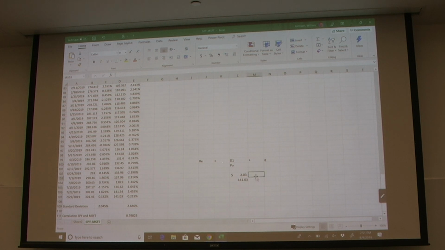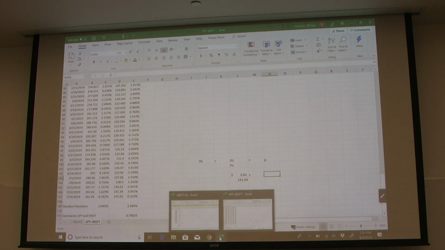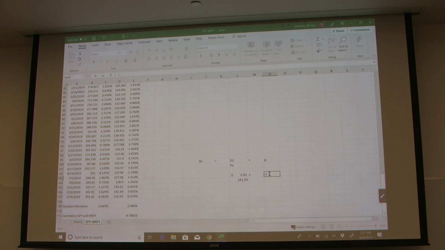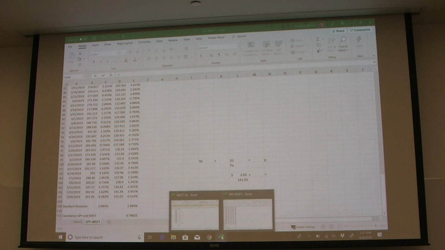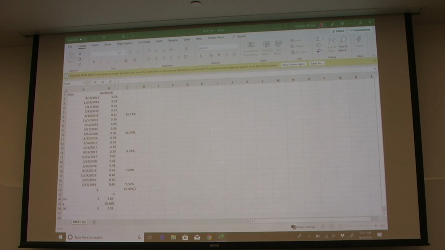And then again, we can use our growth rate, which is back on this page. We can go back to this cell reference, where our estimate for our dividend growth rate was 10.48.